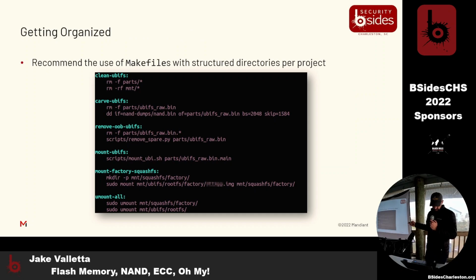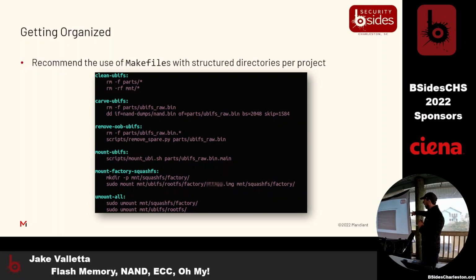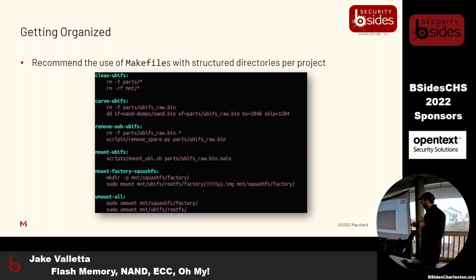And let's see. Before I go through each of these slides, I just want to give you kind of how my brain works. Whatever project I'm working on, I'll use basically a makefile with like a pretty defined directory structure, and that helps me remember what I was doing. So if I have a kind of a task in my head called mount UBIFS, I'll usually wrap it in a script, and then I'll have that get called here.